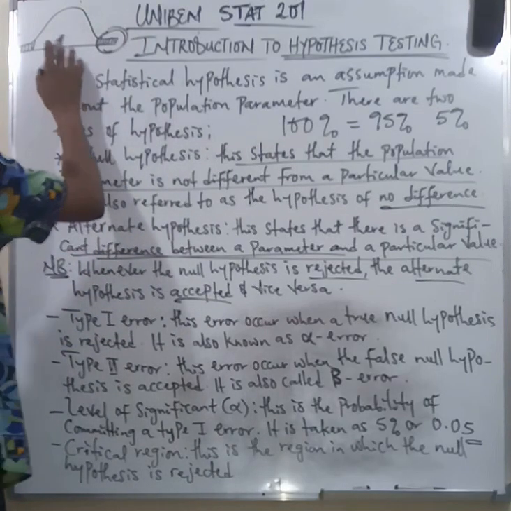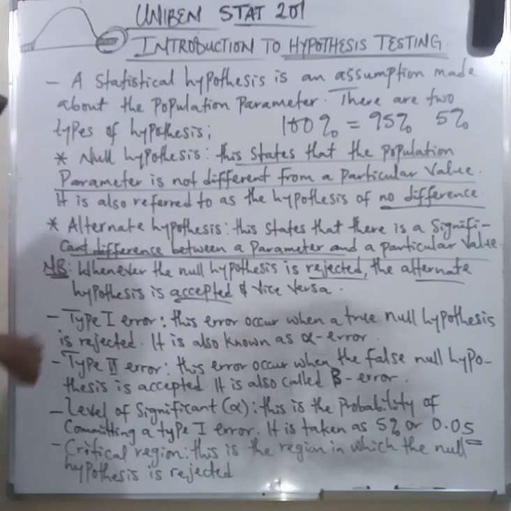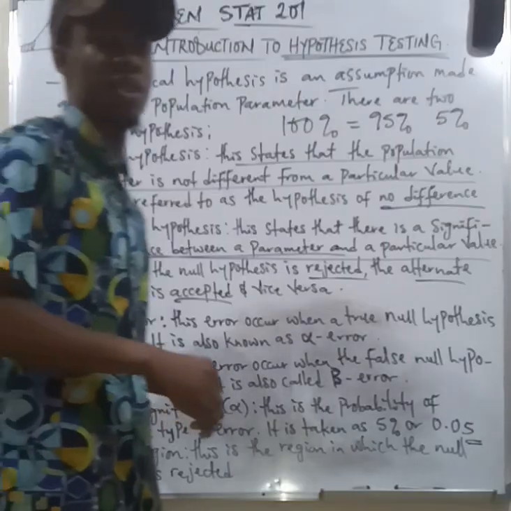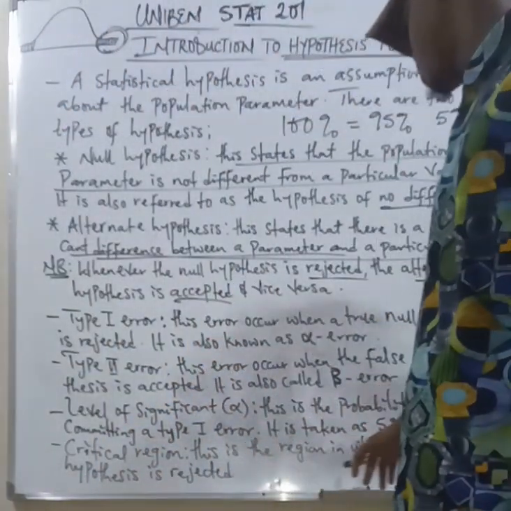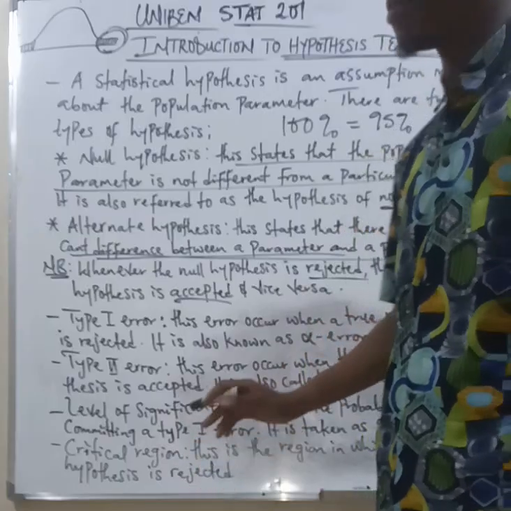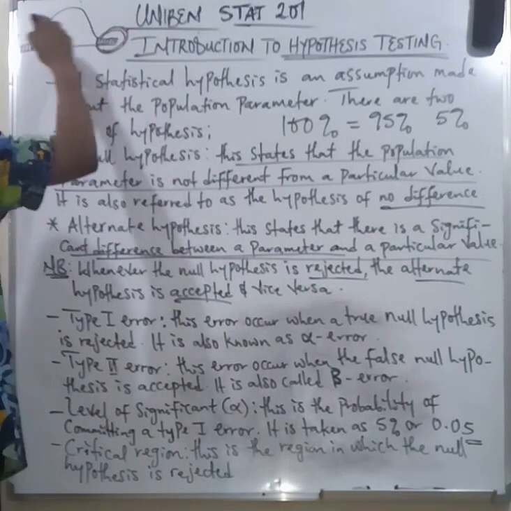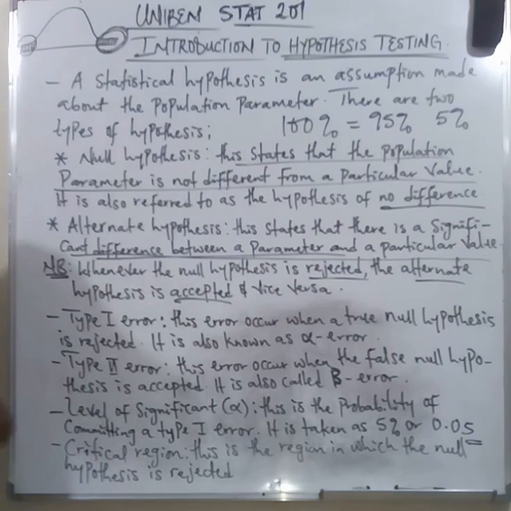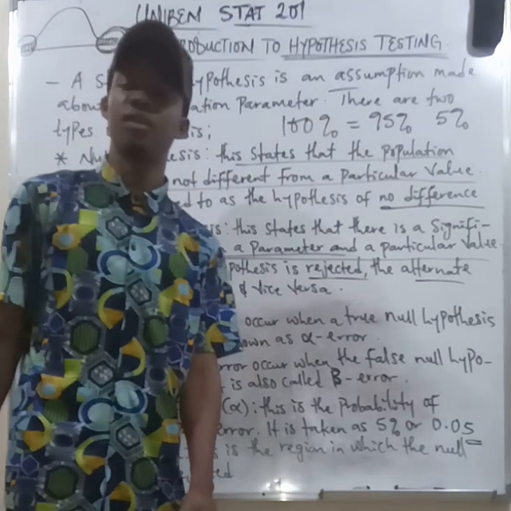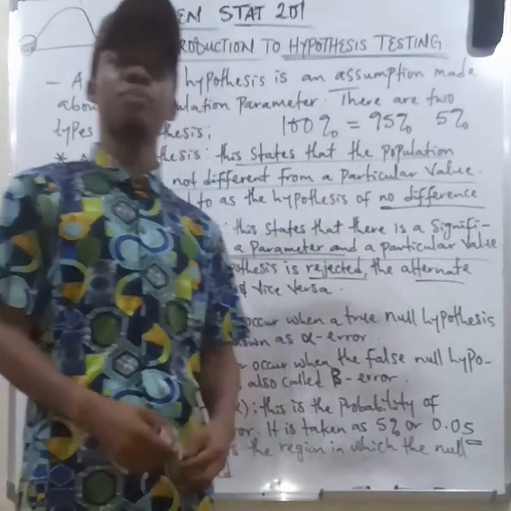So if you do a calculation and your value falls within this critical region, what happens? You reject the null hypothesis, and accept the alternate hypothesis.